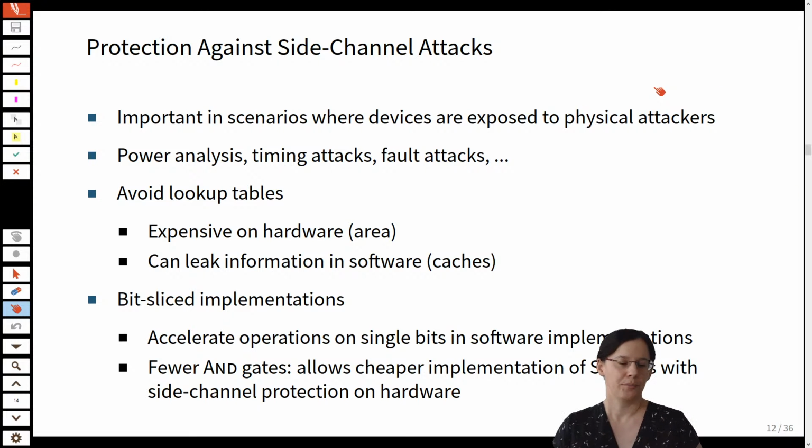But on the other hand, to be honest, in many lightweight scenarios, even though it would make sense from an application security perspective to protect against side-channel attacks, this is just something that producers don't want to do because it would mean extra cost, a higher area, a lower battery life, and similar. So this is something where implementations often compromise.